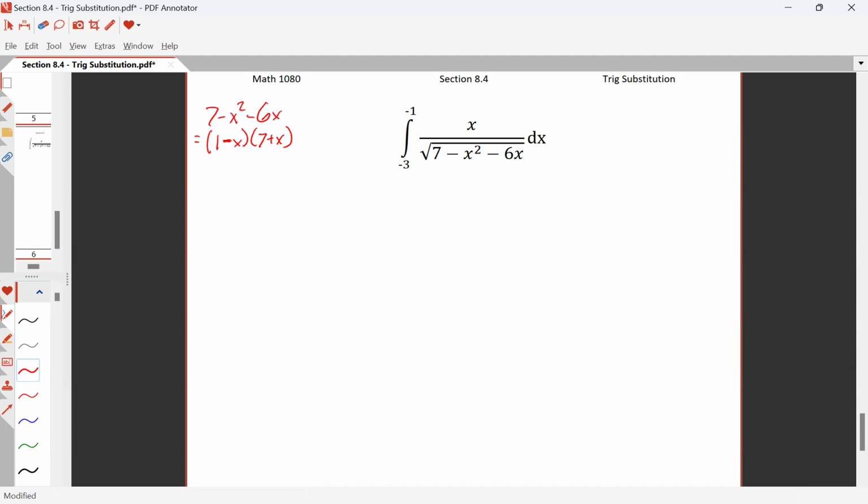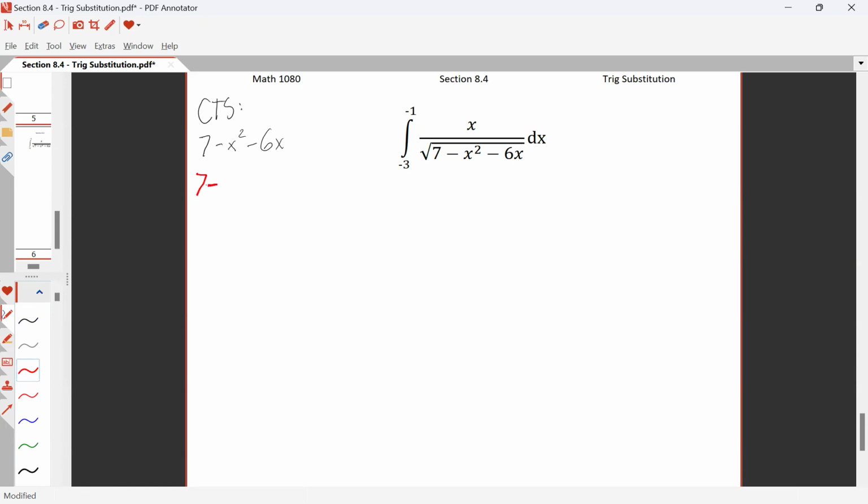And so since factoring doesn't help this integral, we're going to switch to trig sub and see about completing the square like we did in the last problem. So we want to complete the square on our denominator of 7 minus x squared minus 6x.